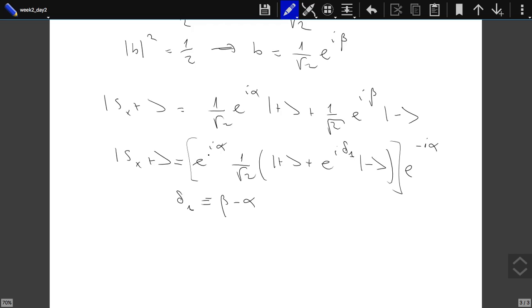But that tells me that I can just cancel this overall factor of e to the power i alpha. So the most general ket that corresponds to my Sx plus state is just 1 over square root of 2 plus, plus e to the power i delta 1 minus. Again, delta 1 is some number that we don't yet know.